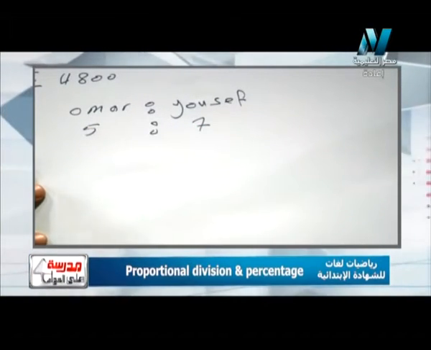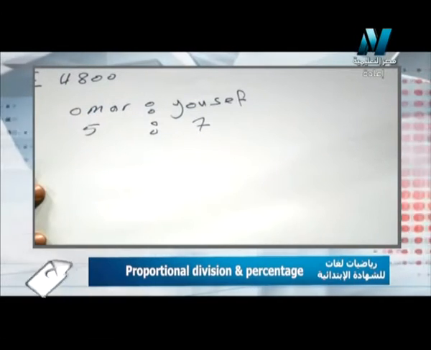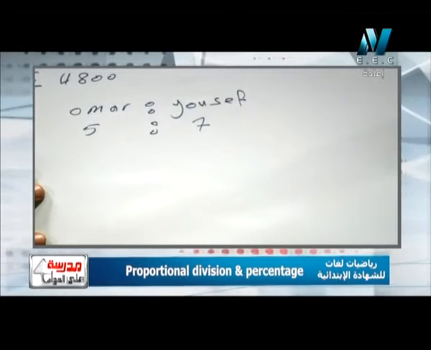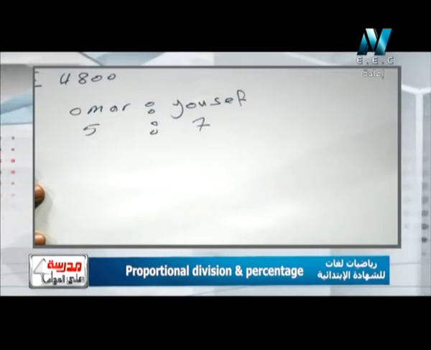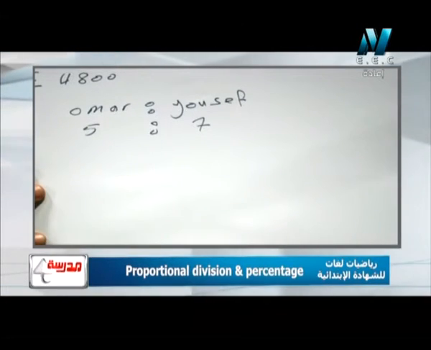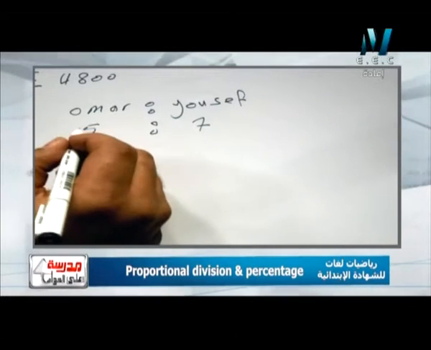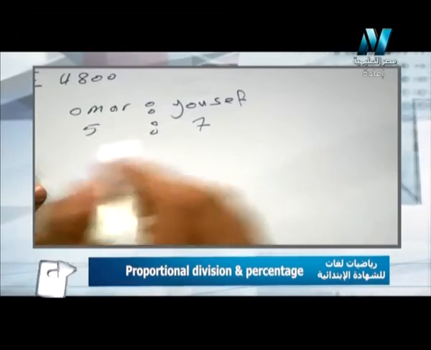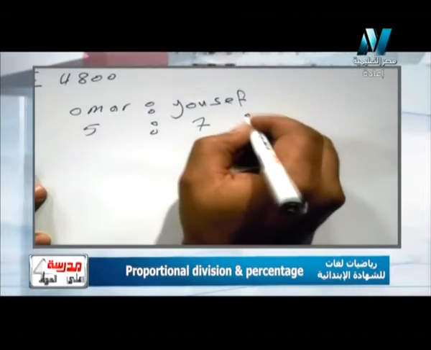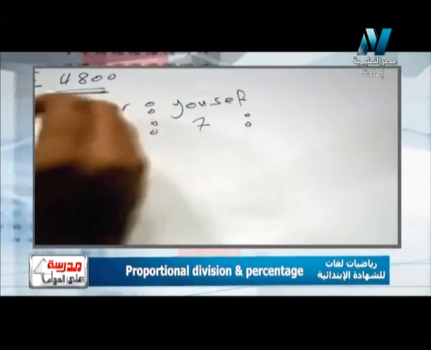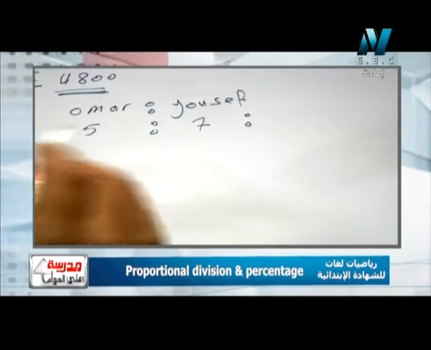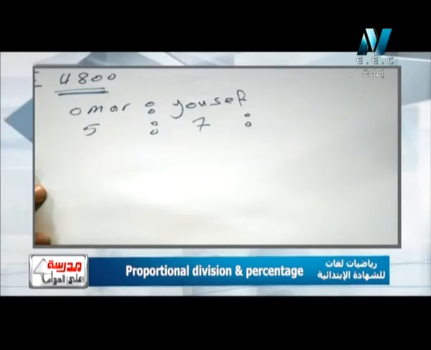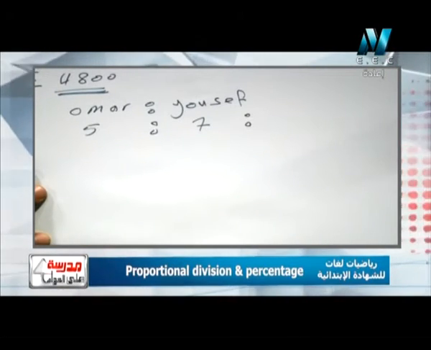Omar's share is 5/7 of the share of Yusuf. The first number, the numerator, represents the first person, and the second number represents the second person: 5 for Omar and 7 for Yusuf. We have the total amount of money, 4,800, and we want to divide it among Omar and Yusuf with the ratio 5/7.